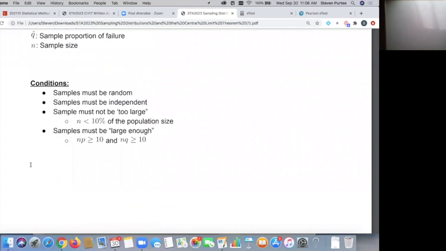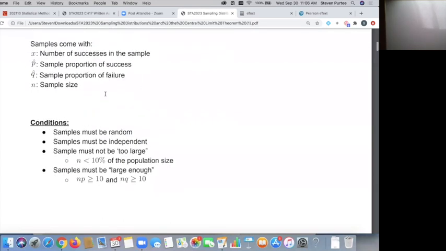Okay, now, if we meet all these conditions, first, the samples must be random. You don't want to go out and buy a bag of Christmas M&Ms. Those are all green and red, right? That would be a terrible sample. That would be like 50% green. Samples must be independent.